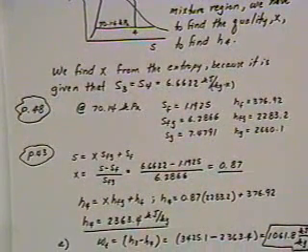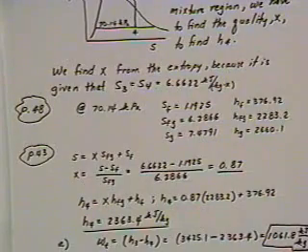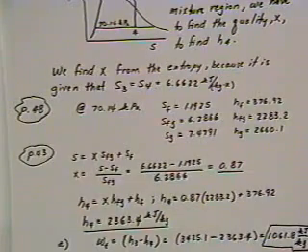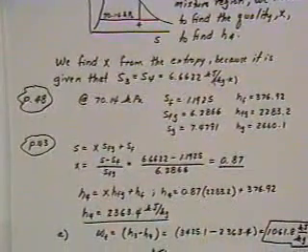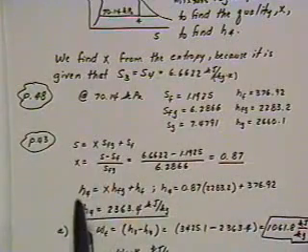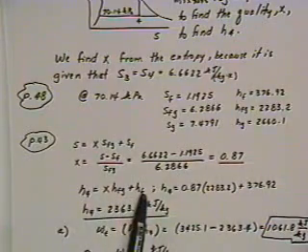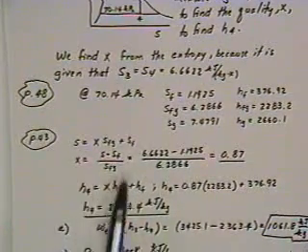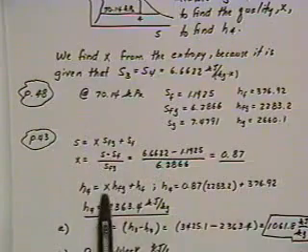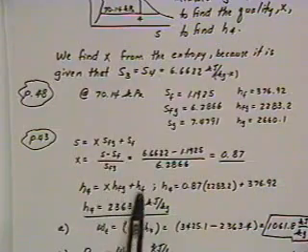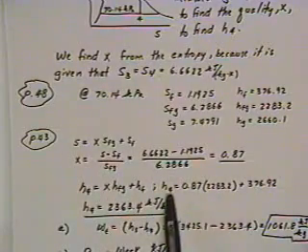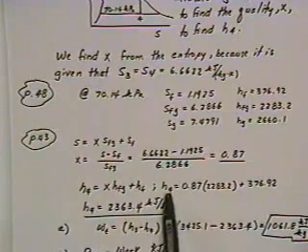It means it's fairly close to the saturated vapor line, mostly vapor, but there is some liquid present in the process. Okay, so H4 is equal to X times HFG plus HF, or the enthalpy at state 4 is found from the quality at state 4, which we just determined, HFG and HF, and so we plug in the numbers, plug in the expression for enthalpy.